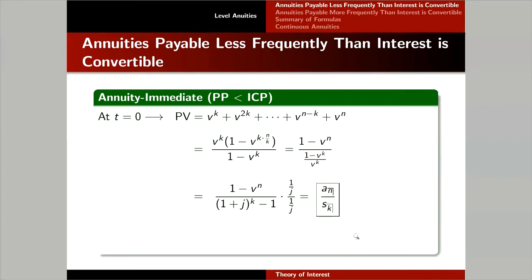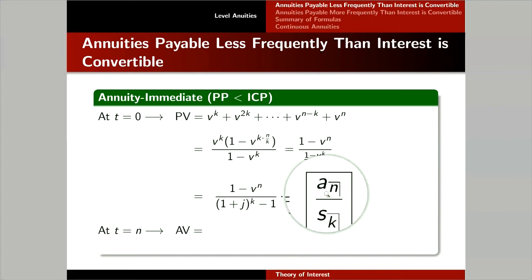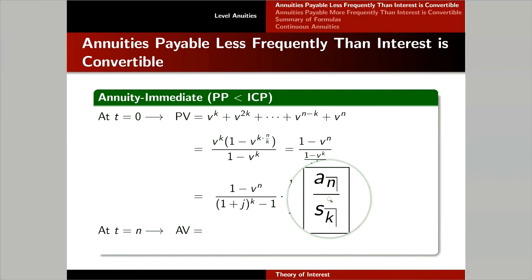Alright? So how do we get the accumulated value? So we use T equals N as our valuation date. Yeah? Pero hindi natin ito iisa-isahin to get the accumulated value. You recall, if we know the present value of an annuity, we can easily get its accumulated value. Kasi you imagine this value is at time 0. How are you going to carry it to time N?